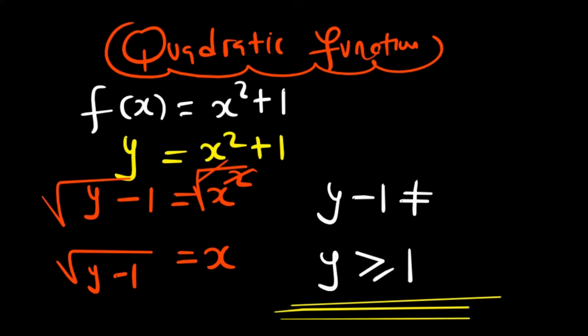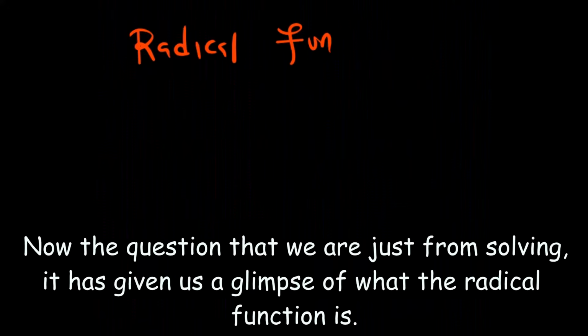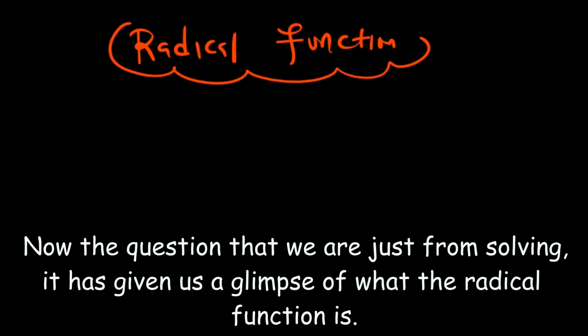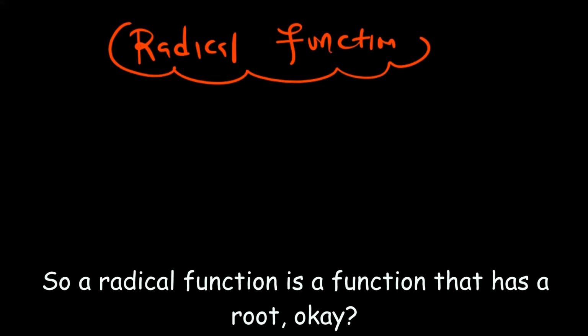Then how do you find the range and the domain of a radical function? Now the question that we just solved has given us a glimpse of what a radical function is. So a radical function is a function that has a root, okay?